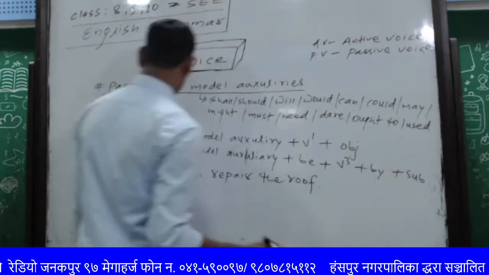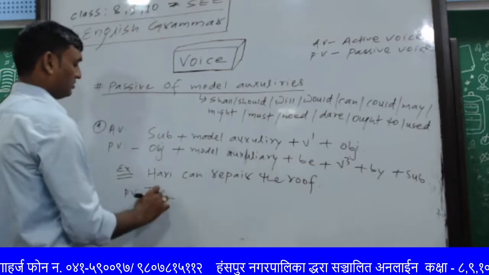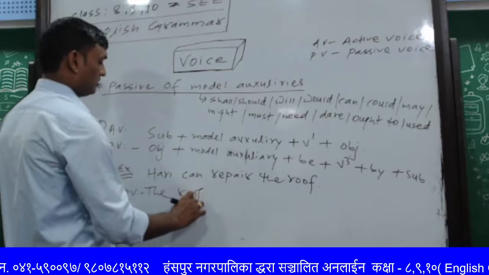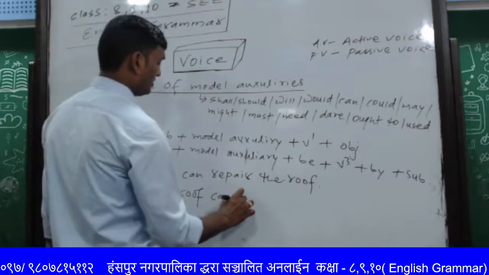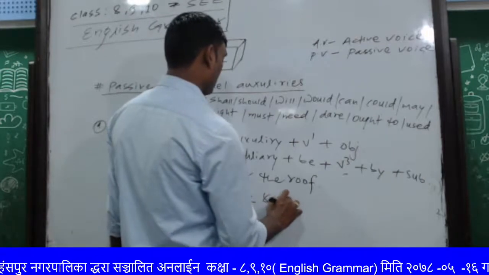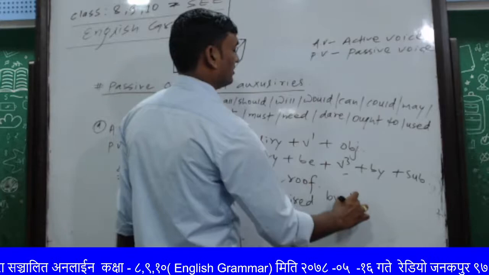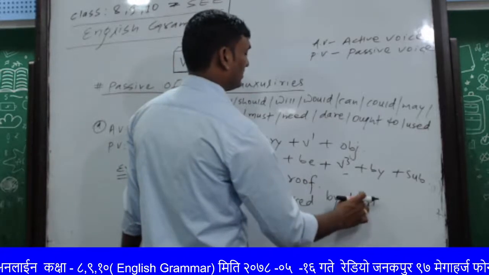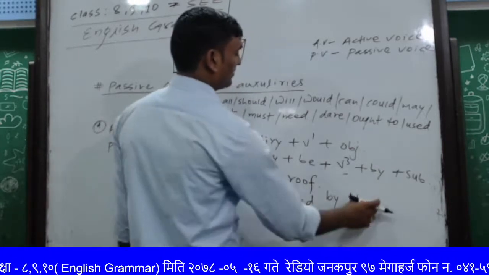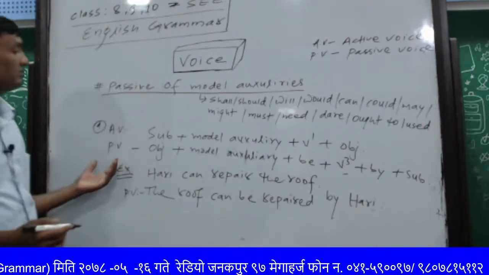The object is the roof, so the passive is: The roof can be repaired by Hari. Very easy. In this way we can change.